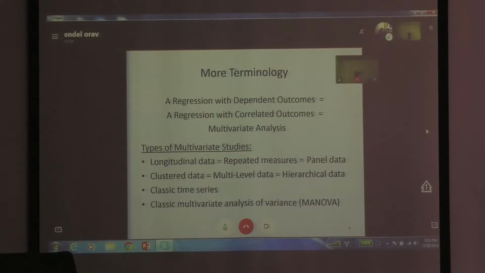Sometimes people mistakenly present multivariate analyses as regression models with multiple predictors. Technically, that's a multivariable analysis. Technically, it's not a multivariate analysis, although people interchange those terms. The technically correct use of multivariate is when there are dependent outcomes.